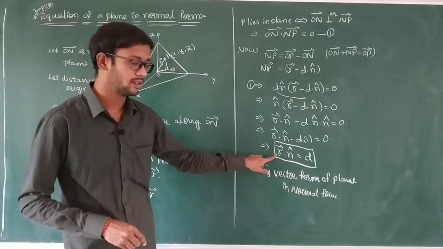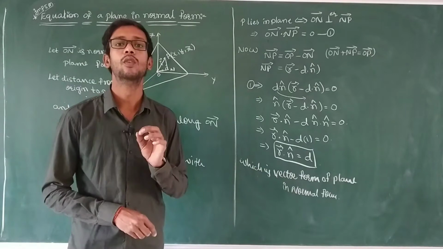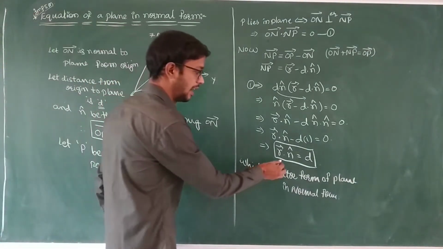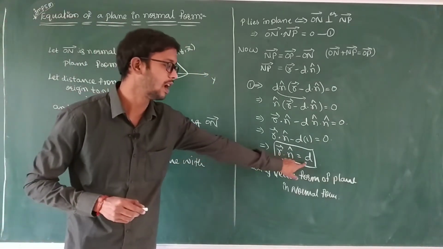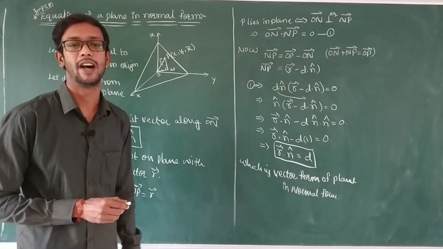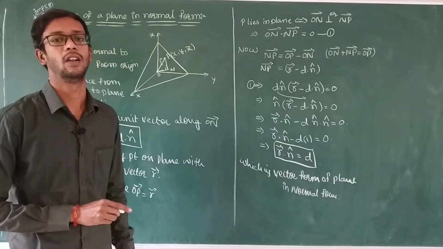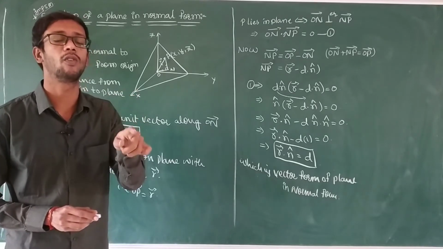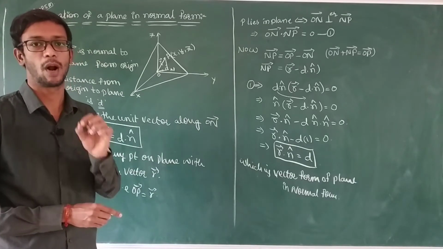Here r bar is the position vector of any point P. N cap is the unit normal vector. D is the distance from origin to plane. N cap must be a unit vector. To remember this: if they give a normal vector, you have to find the unit normal vector and then simplify, if the problem asks.